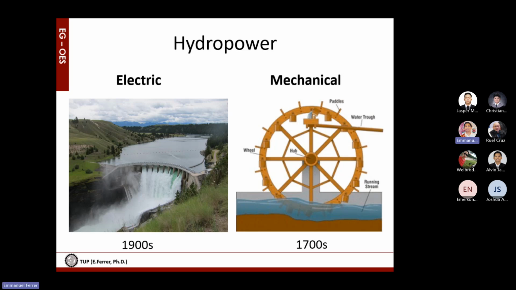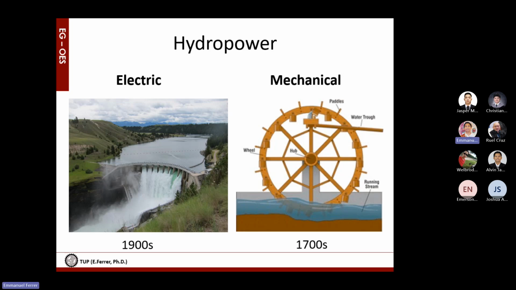So in the 1700s, hydro is actually employed for watering, for irrigation. Similar to windmill. Windmill can also be used for irrigation. Hydro is also used for irrigation back in the 1700s.